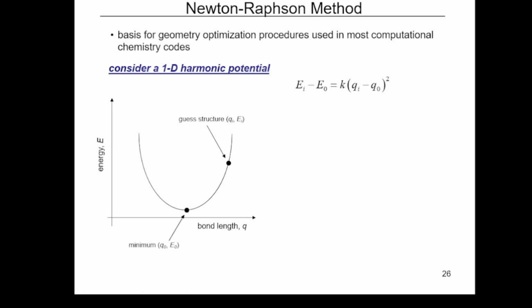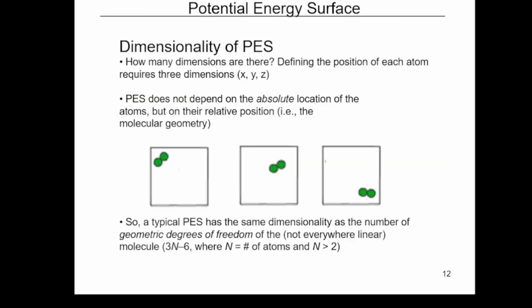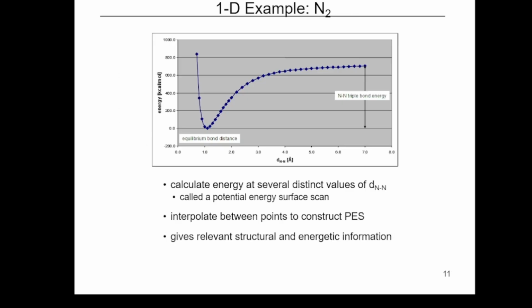Before moving on to the Newton-Raphson method, you need to know the difference between a harmonic potential energy surface and an anharmonic potential energy surface. For this, I will have to take you back to the example of nitrogen. You can see here in this potential energy surface, this is the stationary point, and the surface on the left side of the stationary point is not matching the surface on the right-hand side.